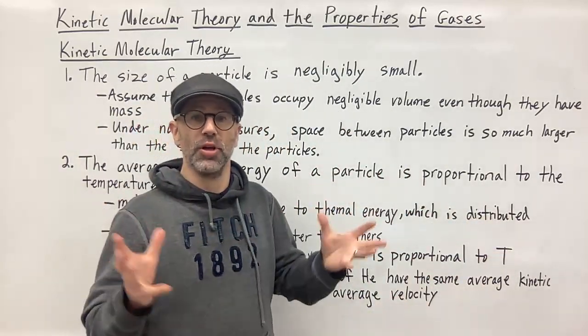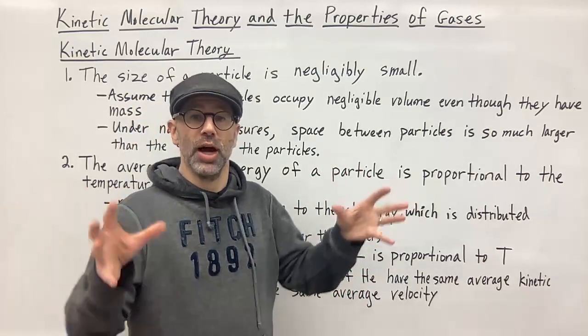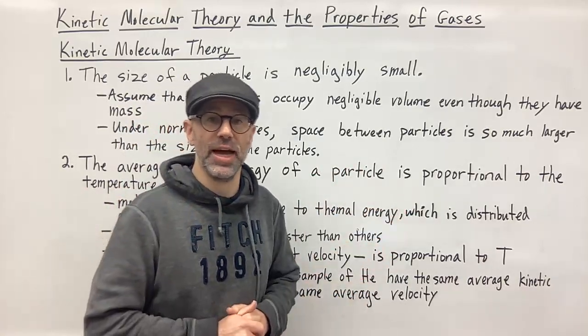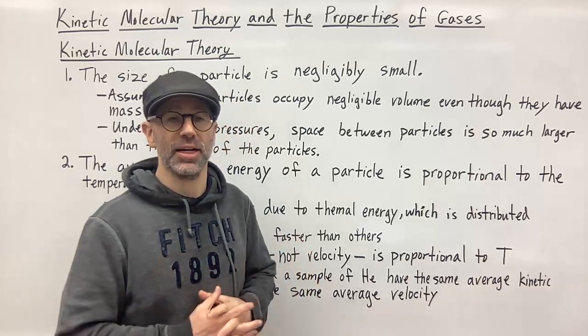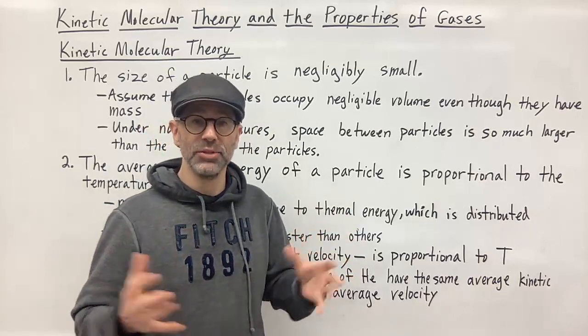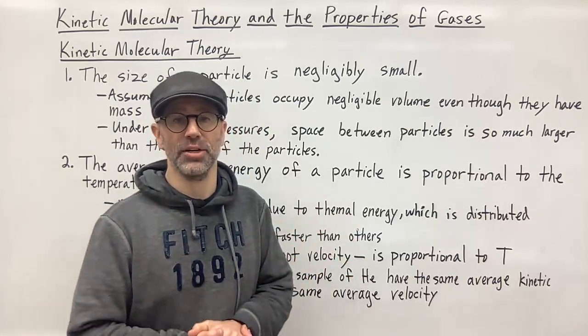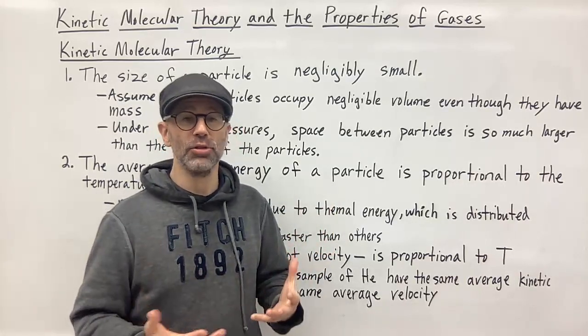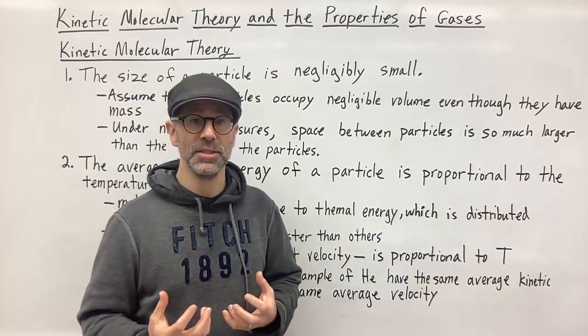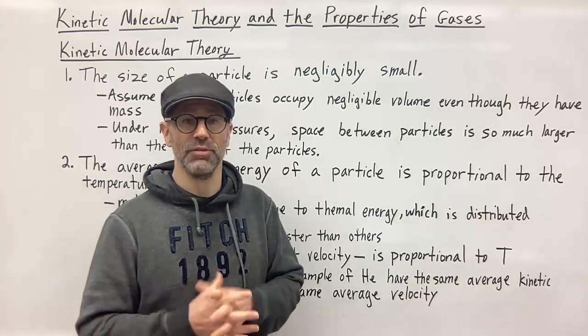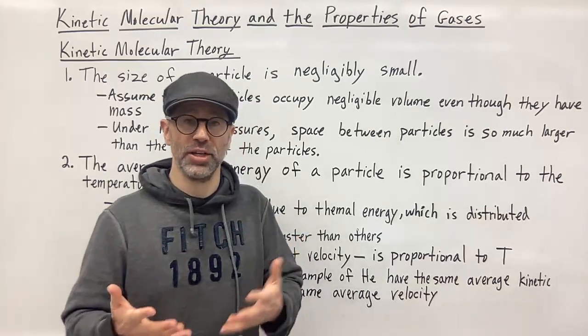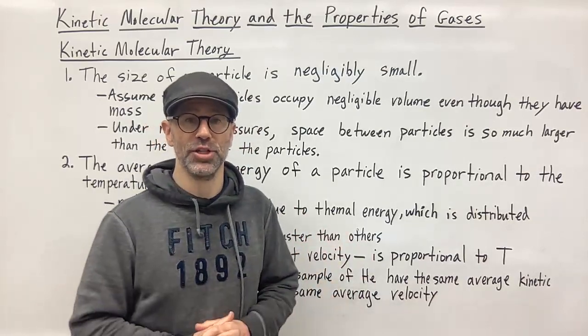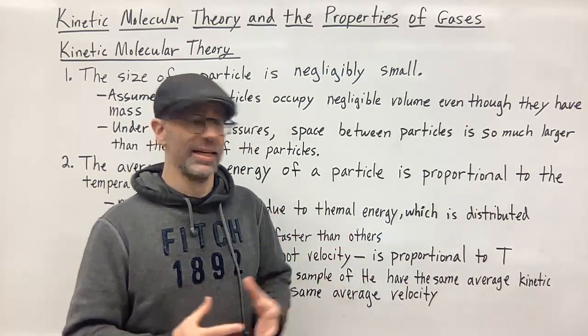So all the particles together are going to have a certain amount of energy, and so when we talk about kinetic energy of the gas, we talk about the average kinetic energy of the gas, because different particles are going to be moving at different speeds. And so we need to take an average of that. The thermal energy is related to the average kinetic energy of all the particles in the gas.